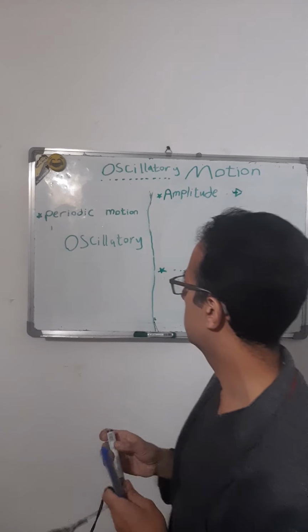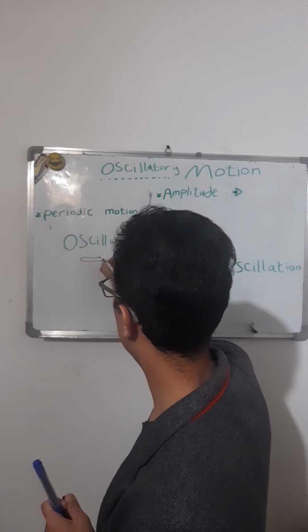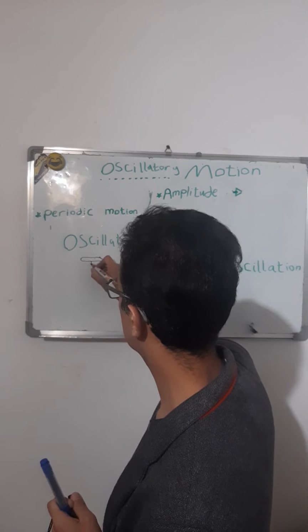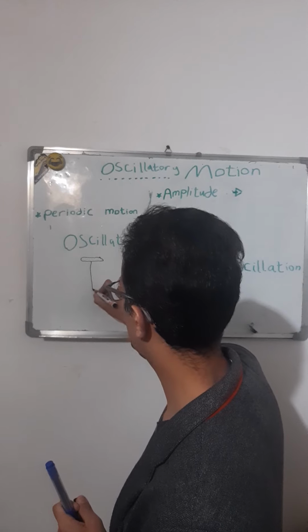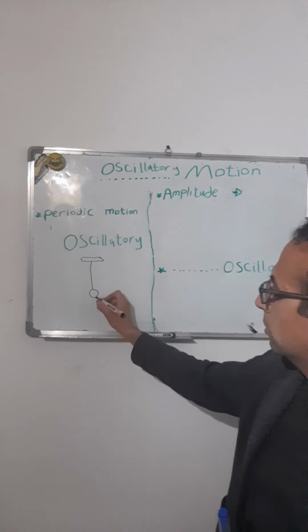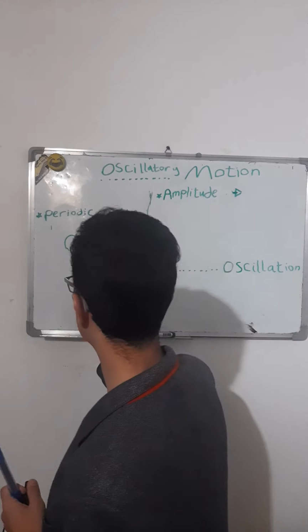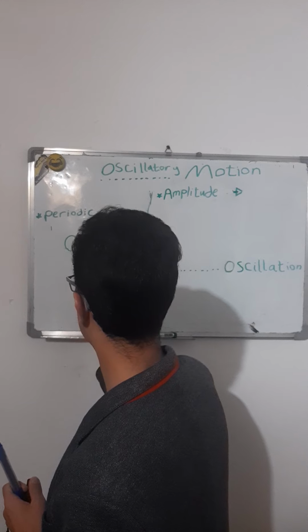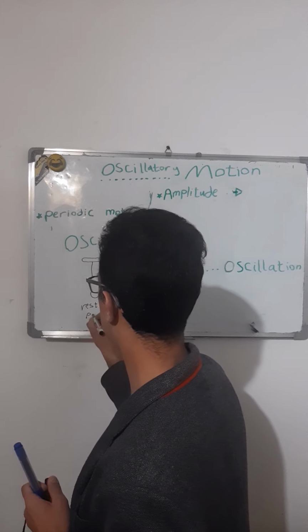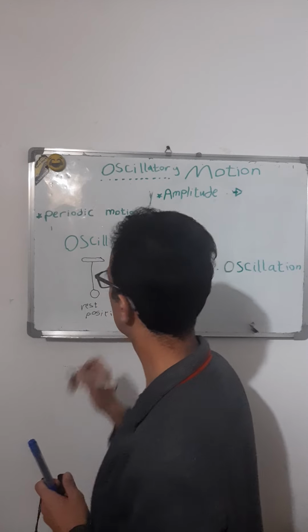Let's draw the center first. We have something hanging the pendulum, and the pendulum is going down from this. We name this position the rest position.